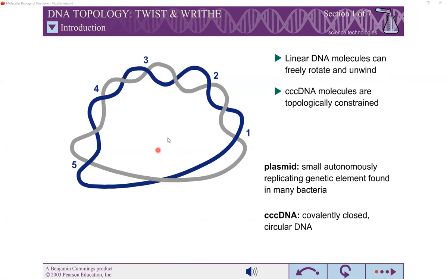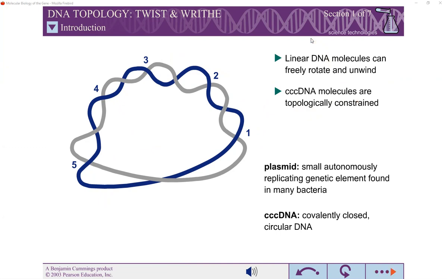So the number of turns is not going to vary in such a double stranded DNA molecule. So the number of turns has remained constant. This is the property of a DNA molecule that is said to be topologically constrained.